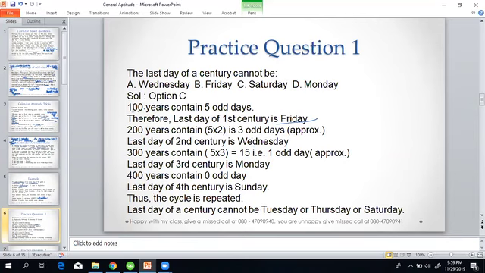The last day of the 100 years will be Friday, then Wednesday, then Monday, then Sunday. So you can see that the last day of a century cannot be Tuesday or Thursday or Saturday. So from the given options, the answer is C.